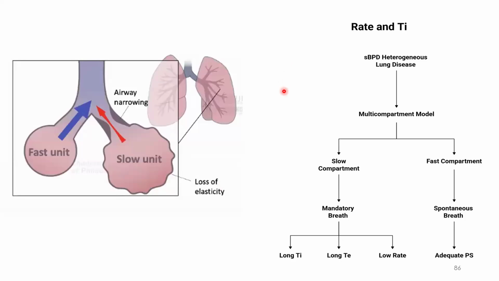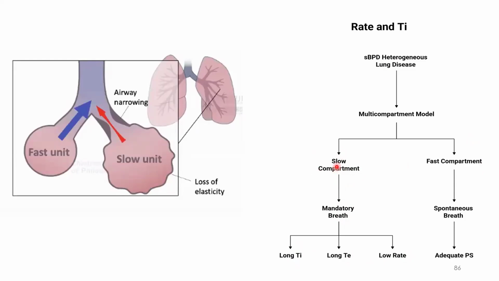Let's see why. In severe BPD with heterogeneous lung disease, there are some slow compartments with a long time constant, and some fast compartments with a short time constant. If we choose SIMV with pressure support, the SIMV breath will ventilate the slow compartment, so you can control the TI and TE and keep the rate on the lower side.